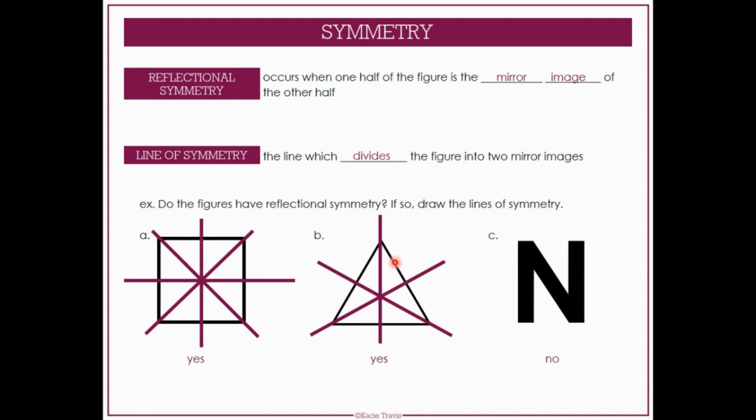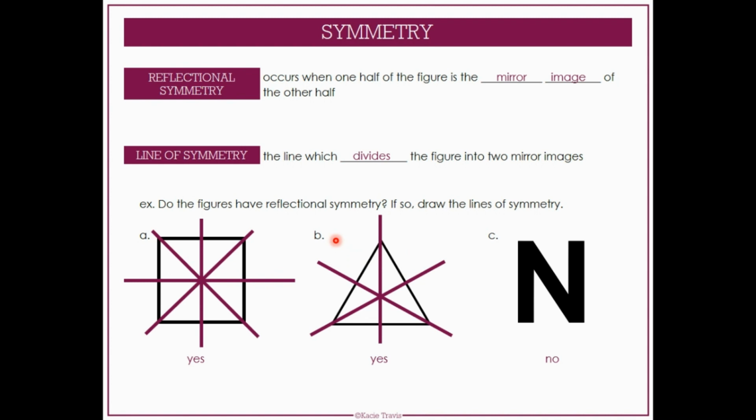For the triangle, this has three corners and three lines of symmetry: one, two, three. If we had an octagon, that would have eight corners and eight lines of symmetry. If you had a hexagon, six corners, six lines of symmetry. That's a good little rule that'll help you out going through this.